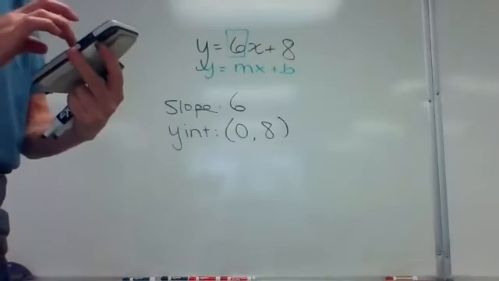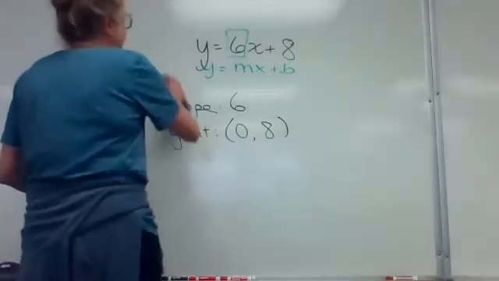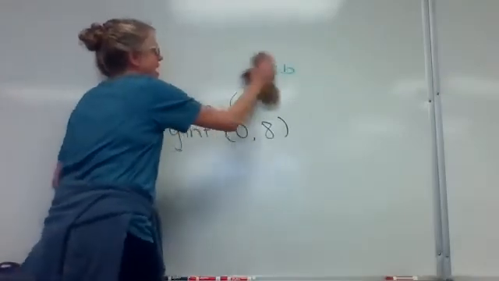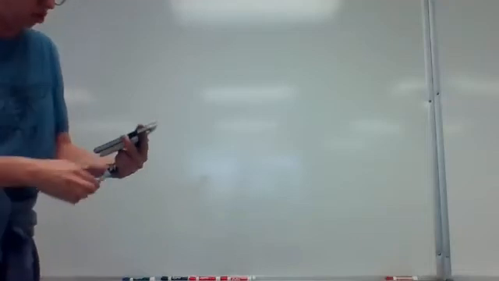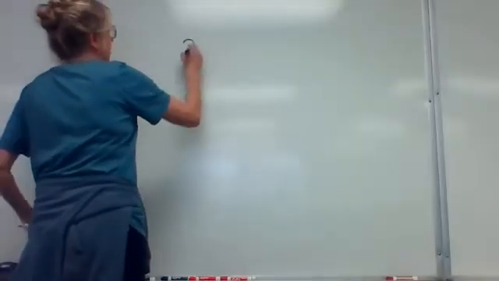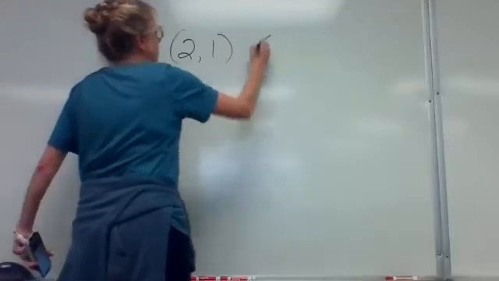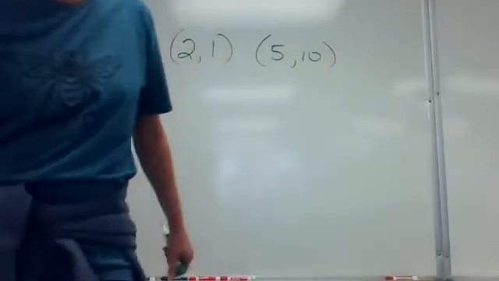Right, number 5 says find the slope of the line, and you're given 2 points. The 2 points are, sorry, I took a picture of it because I don't have the printout. That's all. 2, 1, and 5, 10. And it wants me to find the slope.